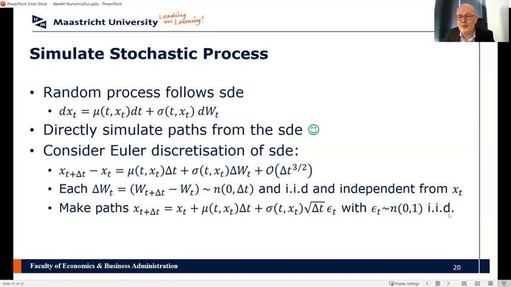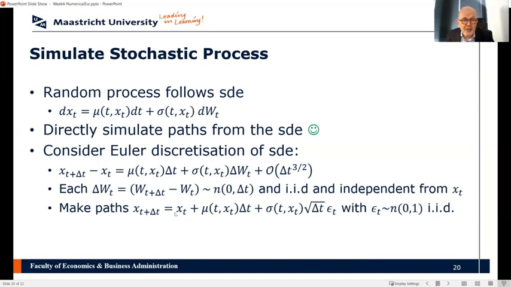Many computer software packages can directly generate IID standard normal random variables. So the way that you start is you first generate a bunch of standard normal random variables.